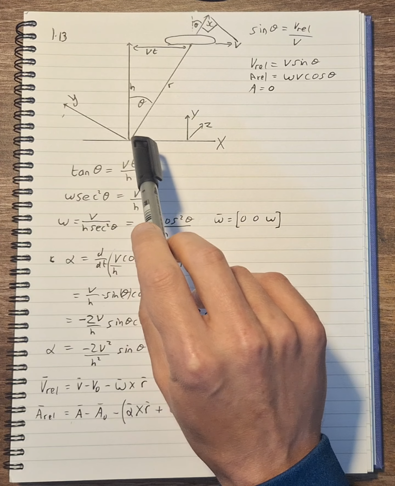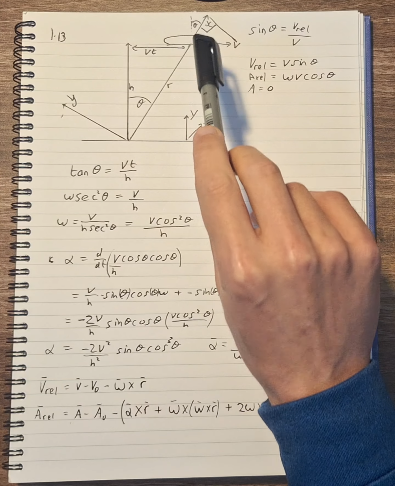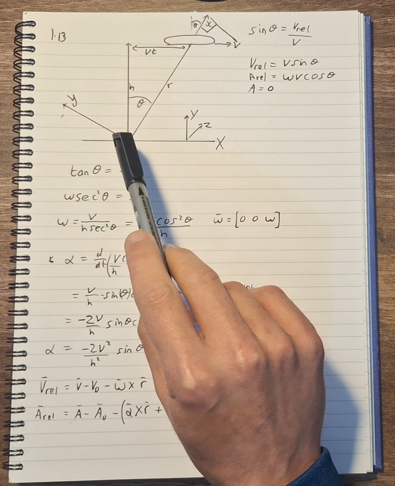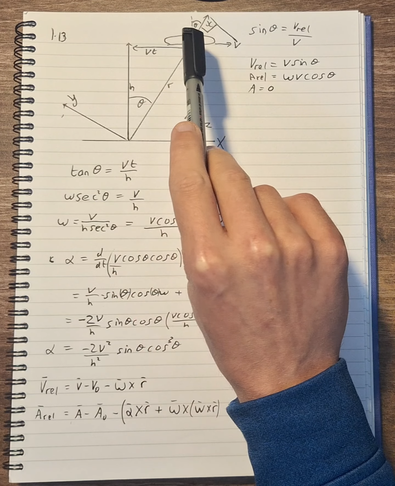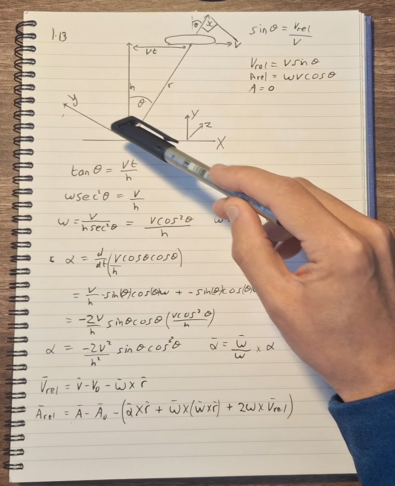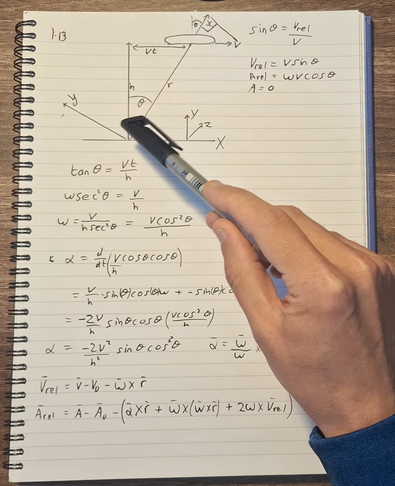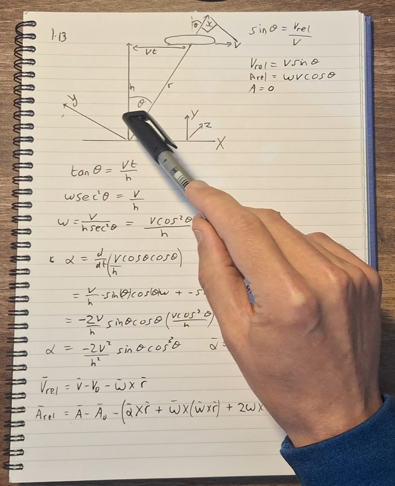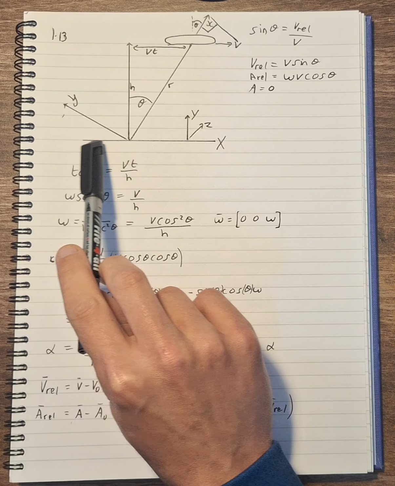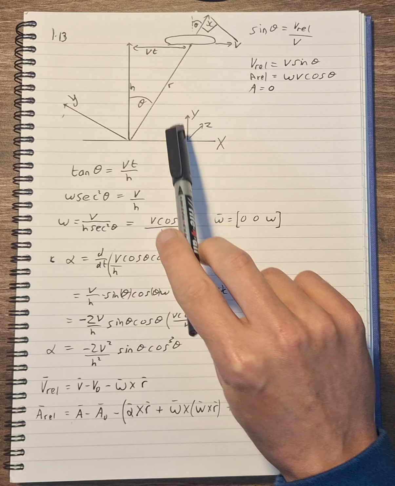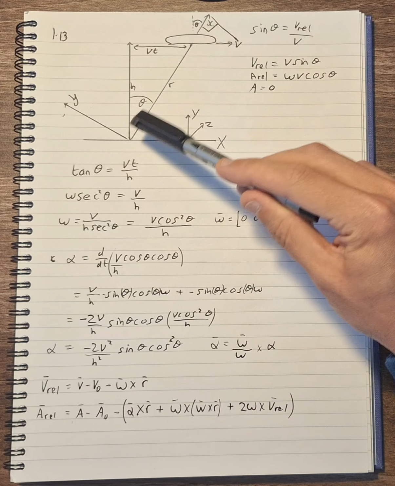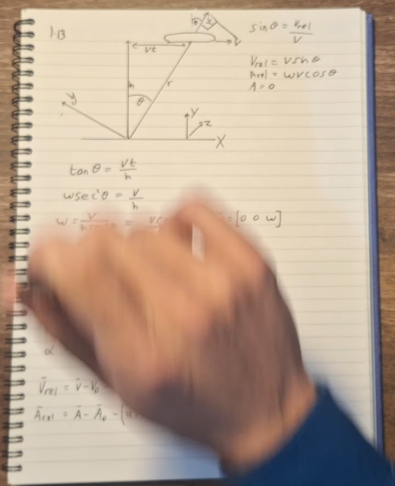There is a radar station here, which is tracking the plane, and as the plane moves, I think we're to assume that the radar station is rotating with the plane, and this line here and this line here represents our moving frame that is created by the rotation of this radar station. So we have our inertial frame, X, Y, and Z, and we have our moving frame, x, y, and z, again into the page.